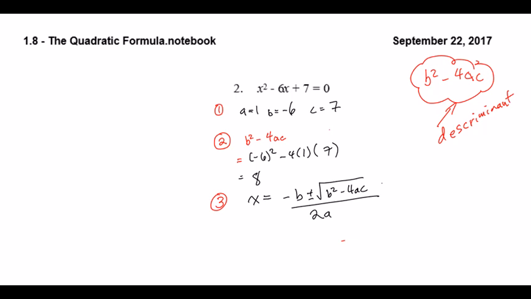So now we get x equals negative 6 plus or minus the square root of 8, because b squared minus 4ac, when we substituted in, was 8. And now we divide by 2 times 1.